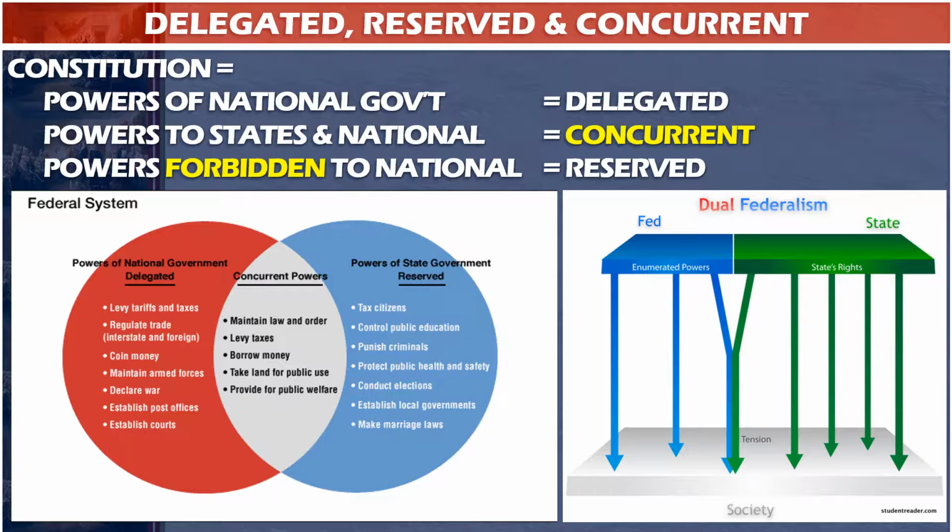They both can borrow money. They both can take land, for example, to build things like roads and other types of transportation and infrastructure. And they can also provide for the public welfare. But there's some things that only the state governments can do. So marriage laws, criminal law, health and safety.